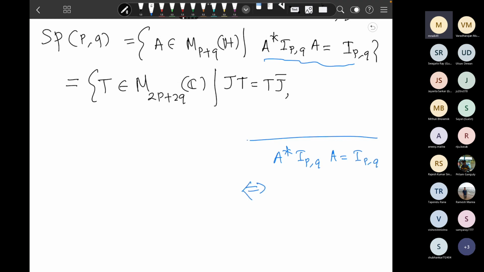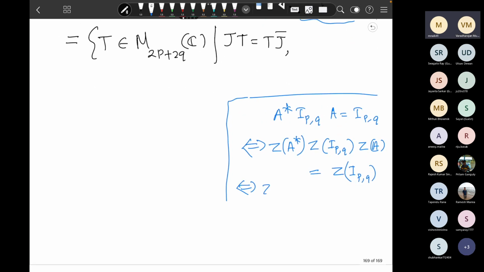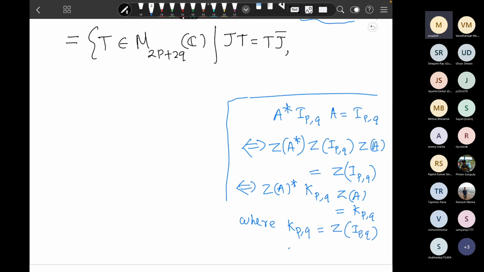If you put Z on both sides, you will get Z of A star Z of I_{P,Q} into Z of A is equal to Z of I_{P,Q}. Now I am calling Z of I_{P,Q} as K_{P,Q}, where K_{P,Q} is the diagonal matrix with I_{P,Q} and 0 0, because Z of AB is equal to A B minus B bar A bar.